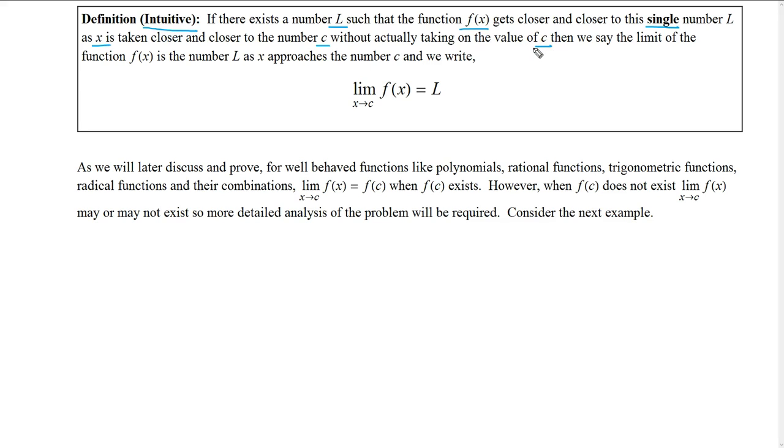So x just gets very close to it, but it never actually reaches c. Then we say the limit of the function f of x is the number L as x approaches the number c, and we write this.